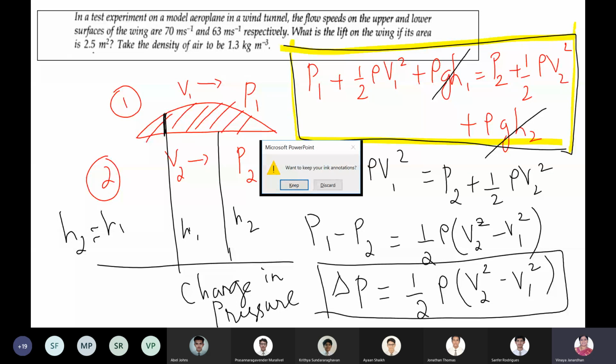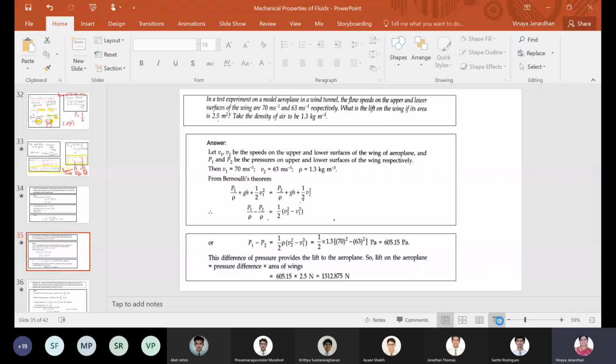Okay. Now, how will you calculate the lift? Lift means the force. How will you calculate, boys? Shall I erase this? Now you just tell me how will I calculate.